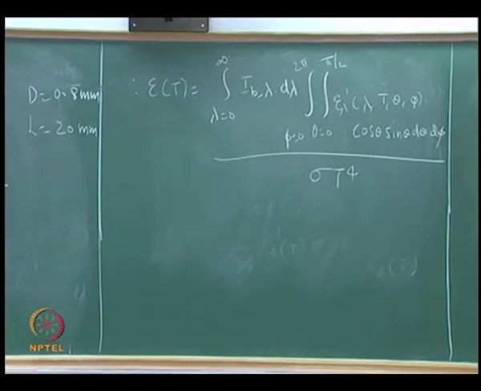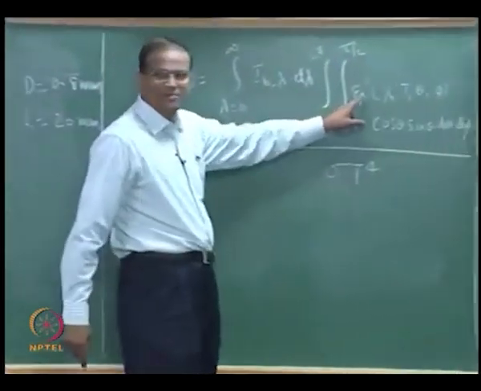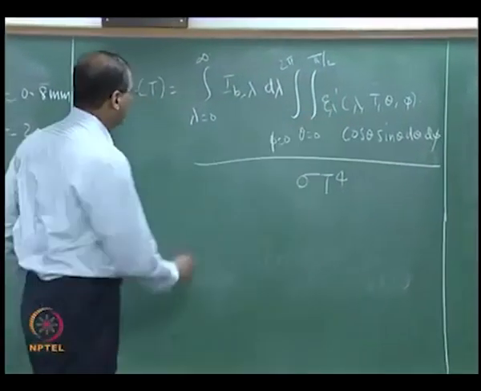You are able to get these arguments? Look, I didn't do any magic, I am just keeping certain terms ahead of the integral and certain terms I am pushing after the integral. Now I know this is pi times epsilon lambda, okay.